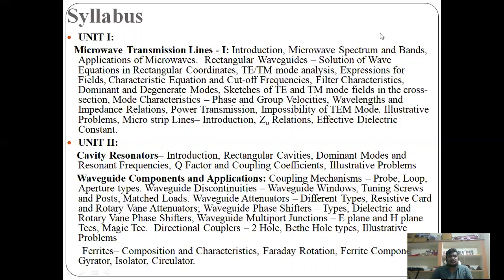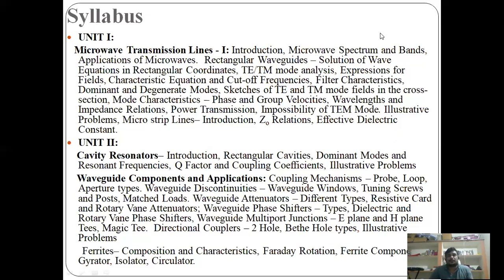We'll discuss the modes thoroughly, and also sketches of TE and TM mode fields in the cross-section, and mode characteristics like phase velocity and group velocity, wavelength and impedance relations, power transmission, and impossibility of TEM mode.